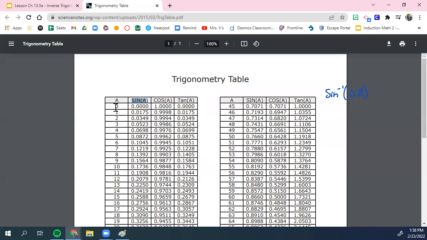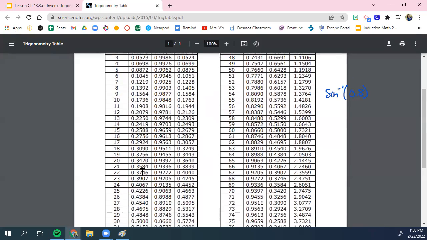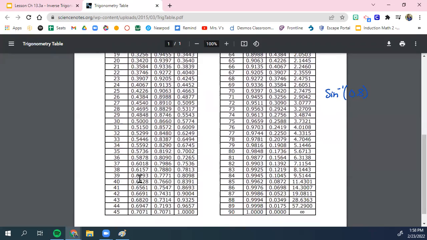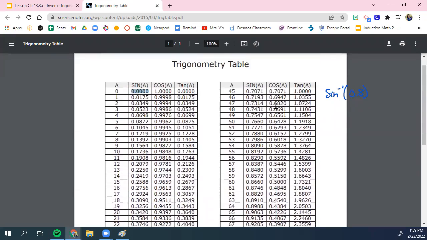So I'm going to start with 0, 0.1, 0.2, 0.3, 0.4, 0.5, 0.6, 0.7, 0.707, and it continues all the way to 53 degrees.